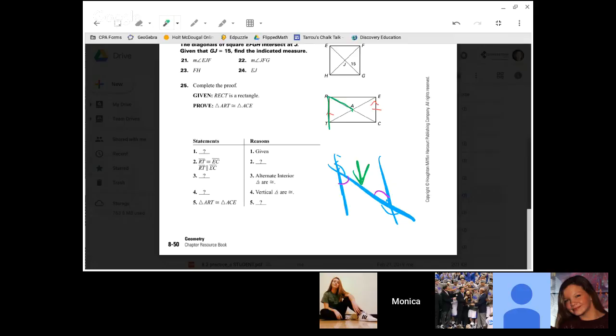It just starts here and goes ART and ACE. Does that part make sense now? Okay, so then the next thing, our reason is that vertical angles are congruent. So what vertical angles do we have in those two triangles now? Yes, now those two come back into play.